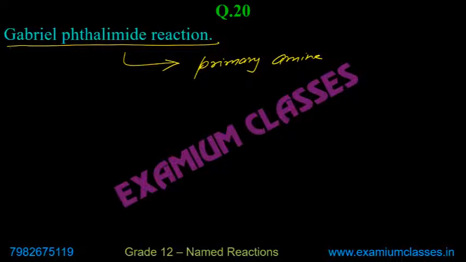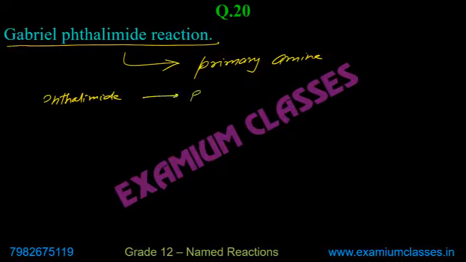First, the structure of phthalimide. Okay. So first, we will get from phthalimide, we will get potassium phthalimide. First, I'm writing just to make sure that you understand. Okay. So you have phthalimide.